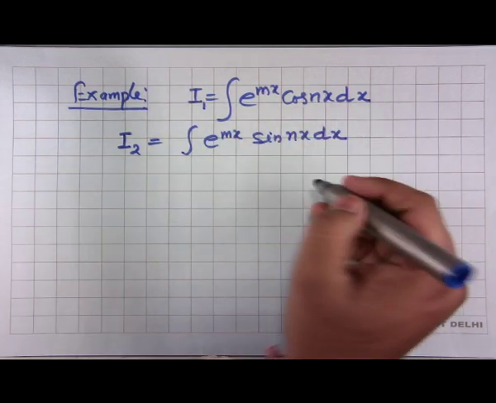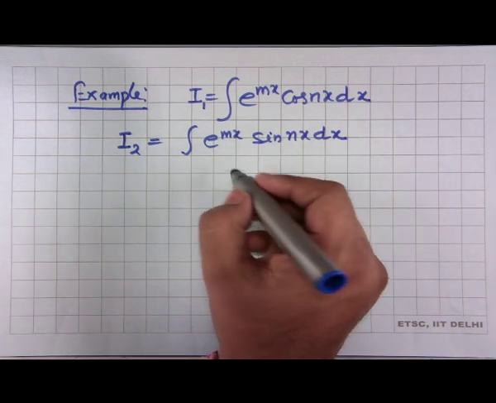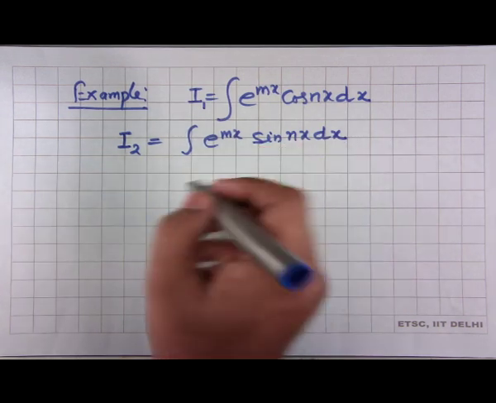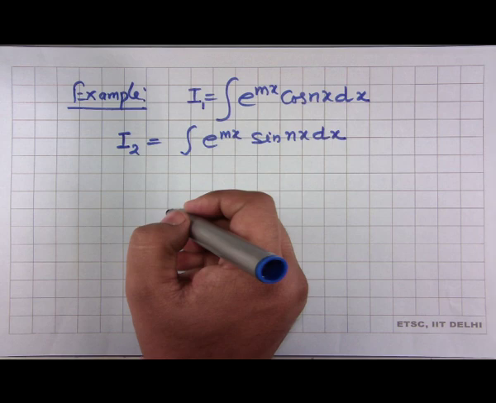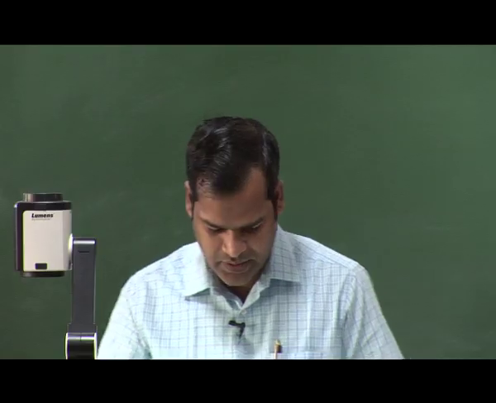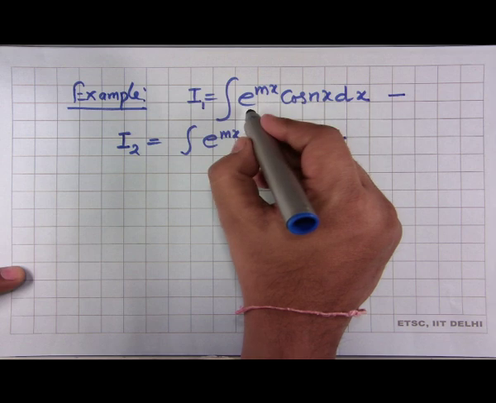Here m and n can be any numbers. According to the particular numbers, you can solve them as a particular case. We are considering them as any numbers which are obviously non-zero.